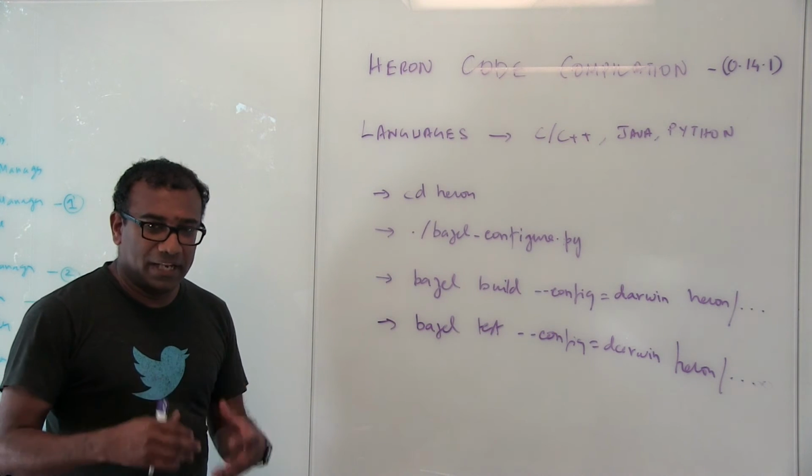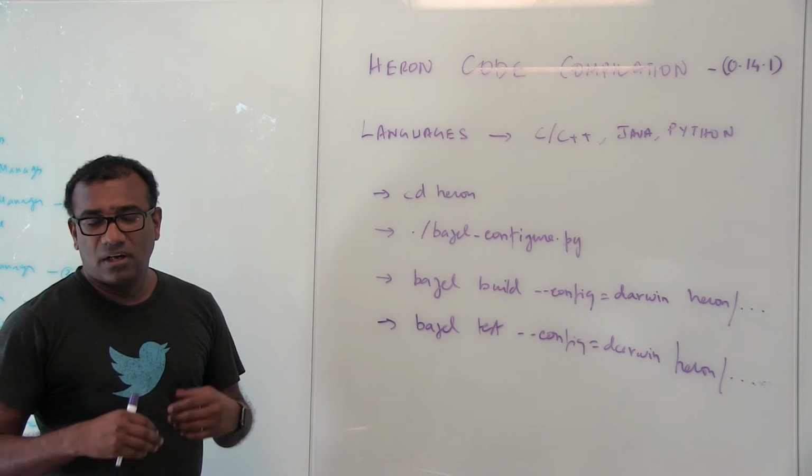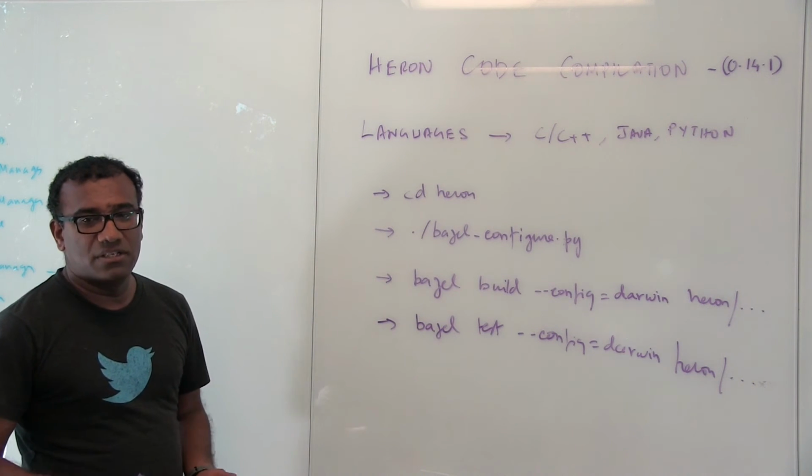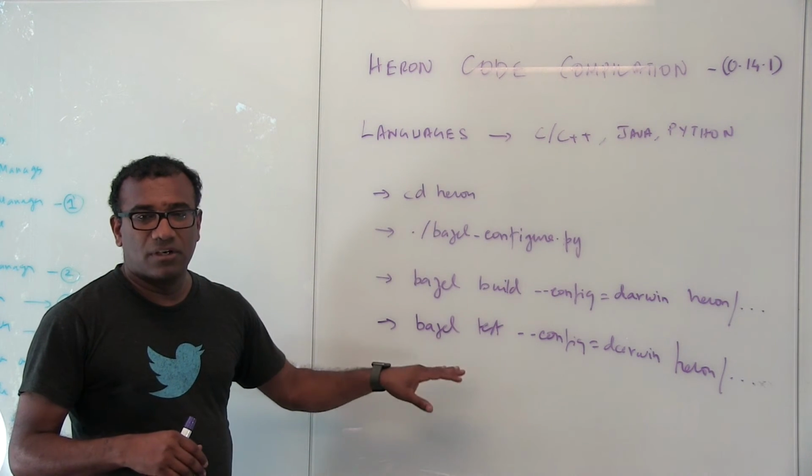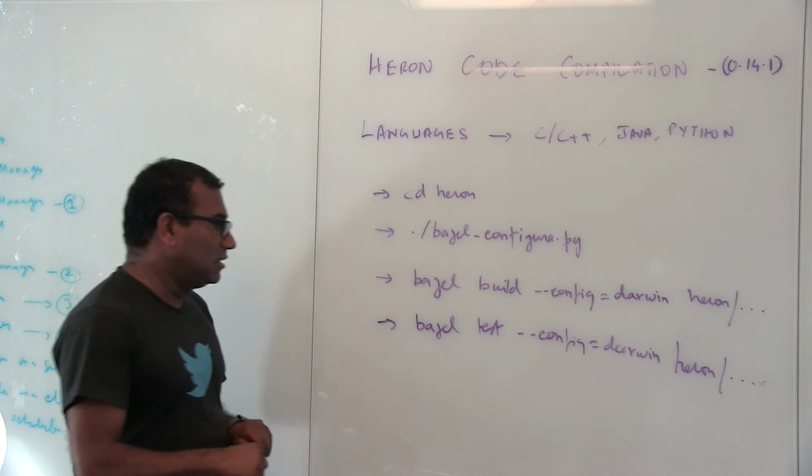Now if you want to package Heron to make a release, or install it locally so that you can test the development that you have done, you can do it in multiple ways.